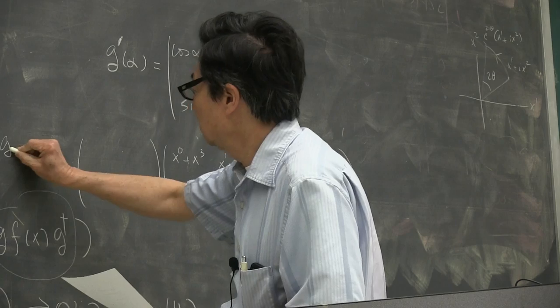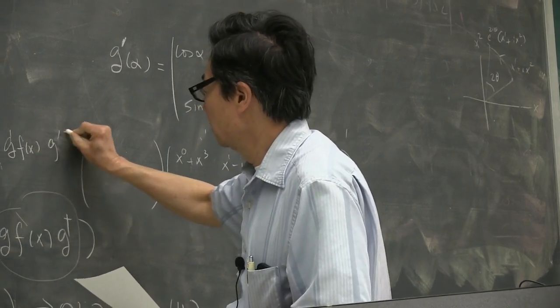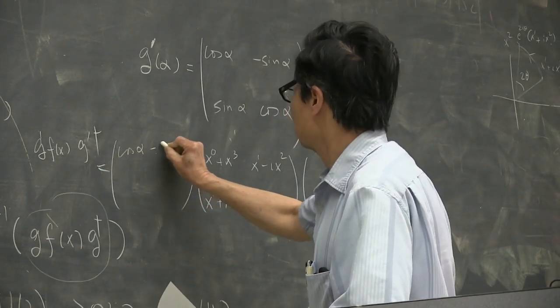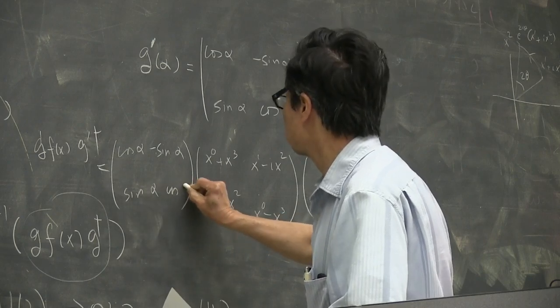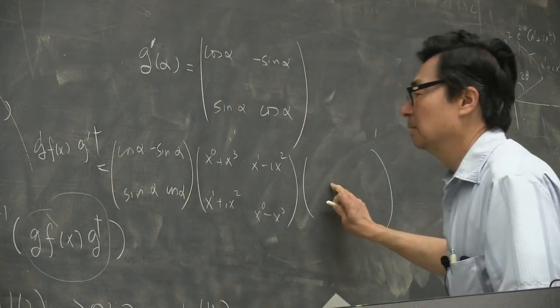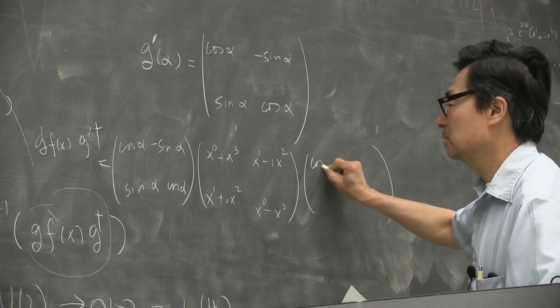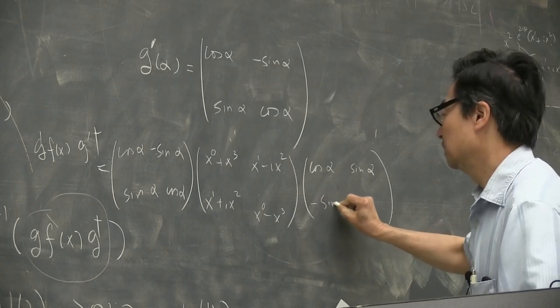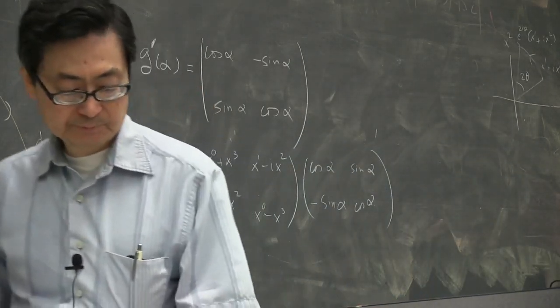So this is G prime f(x) G prime dagger, which is then going to be equal to cosine alpha, minus sine alpha, cosine alpha. The dagger is just equal to its transpose, or its inverse, so this is cosine alpha, sine alpha, minus sine alpha, cosine alpha.